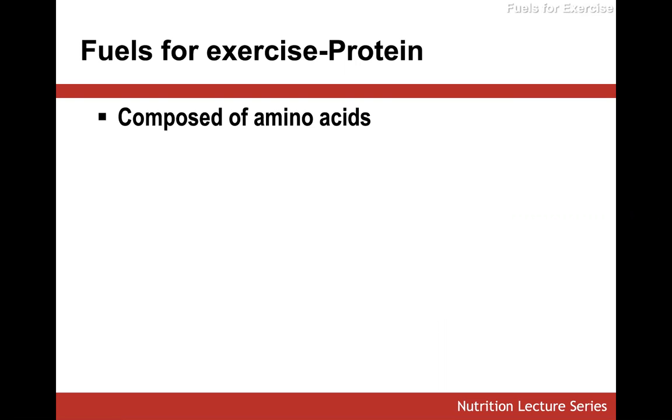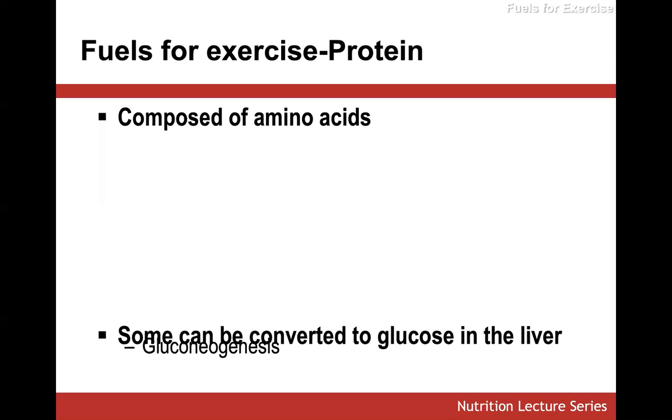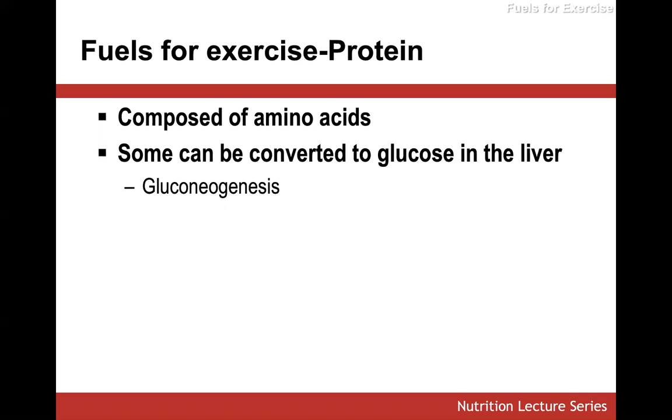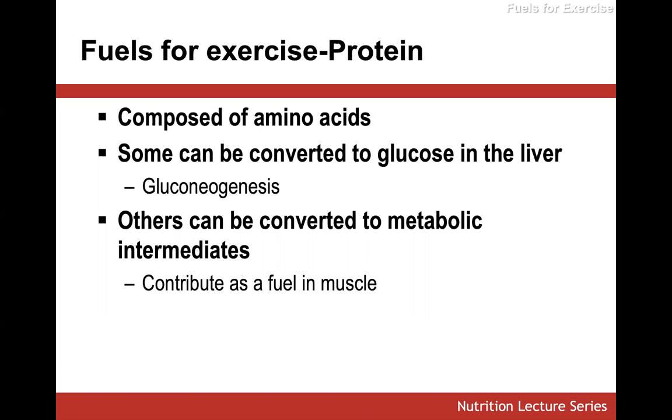These are all subcomponents of protein. Now, protein can be converted into glucose in the liver via gluconeogenesis. This just means that glucose is created via non-carbohydrate sources. Also, it can be converted into other stuff, but we don't need to worry about all that.